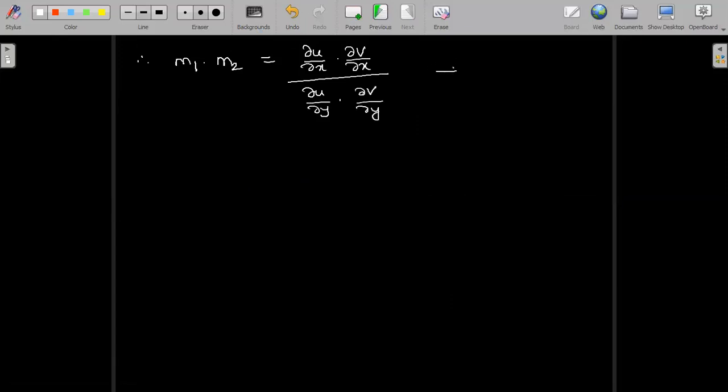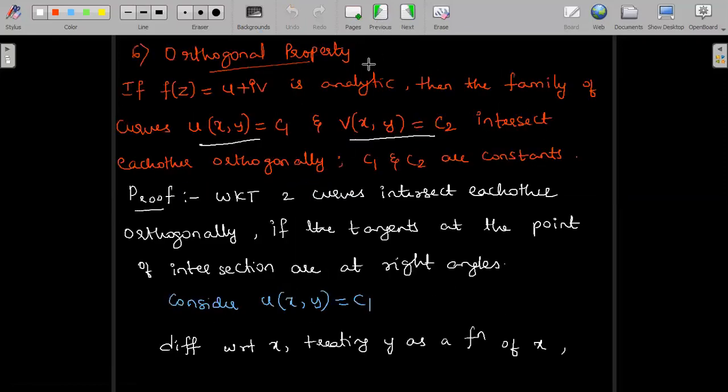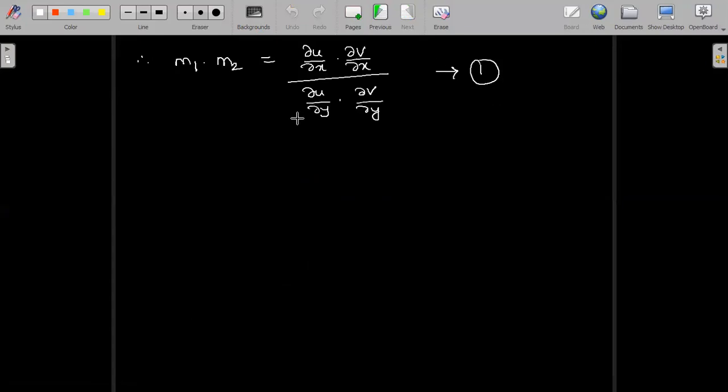Let me call this equation 1, because now we have to use the given data that f of z is analytic. It is given that f of z is analytic, so we can use the CR equations and change the y terms to x as usual.